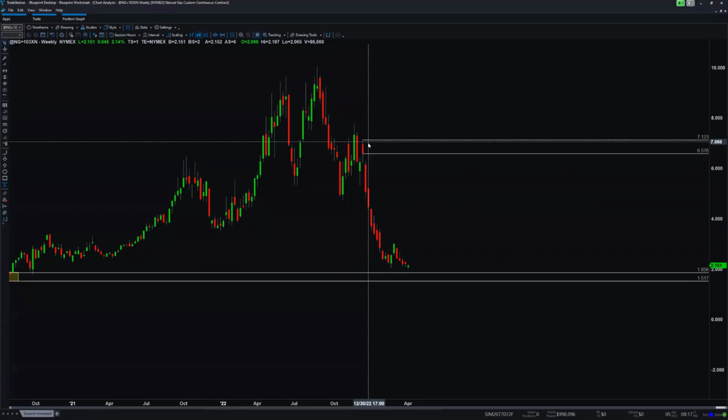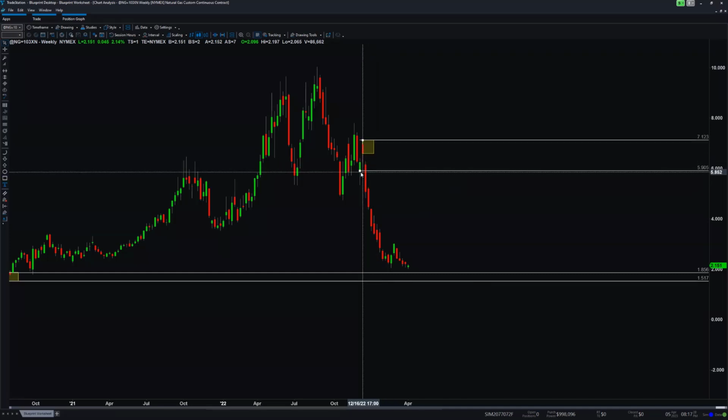So let's just say, for argument's sake, we leave it like that. Okay, and then maybe we make it slightly bigger, right? We could use this candle here as well as part of the base. Now we could put it like that, just have a little bit more space here in terms of the supply. And you can really see I'm not very scientific as it comes to my higher time frames.